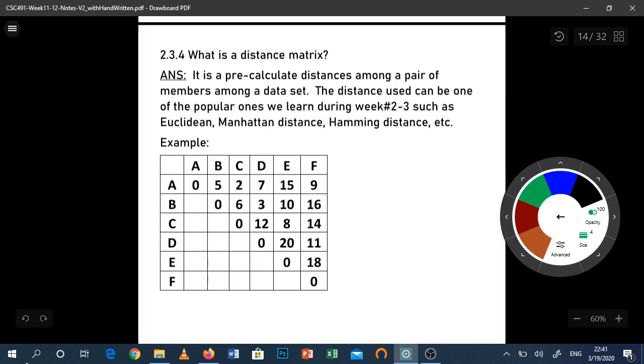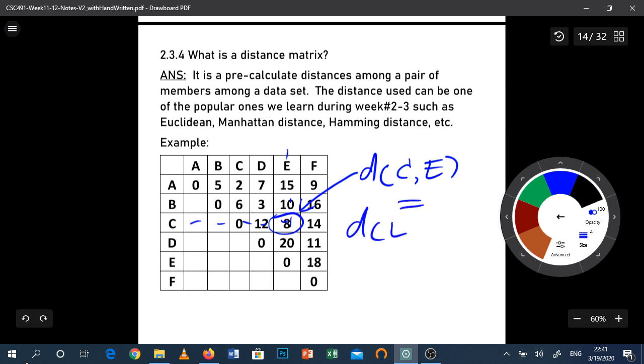The distance matrix is just the pre-calculated distance between any pair of data items. For example, in this cell, it's the cross of row C and column E. So this represents the distance of CE, which is also equal to the distance of E and C. That's why the whole thing is symmetrical.